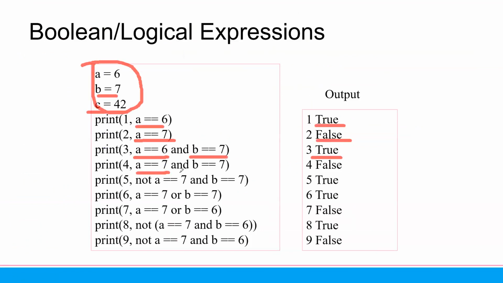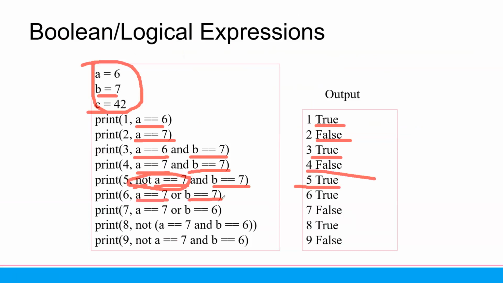A equals 7 and B equals 7, false. Not A equals 7 and B equals 7, true. Okay, because this one is not false, then it is true, and true, then it is true.